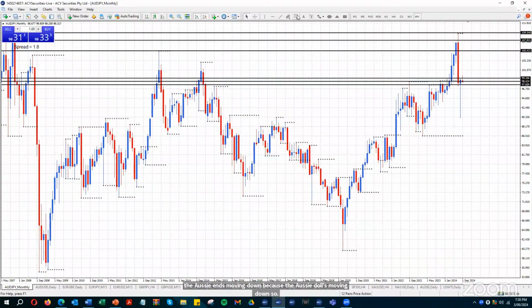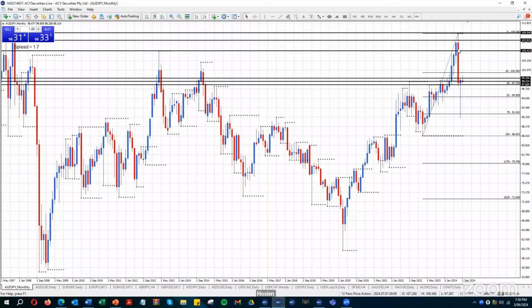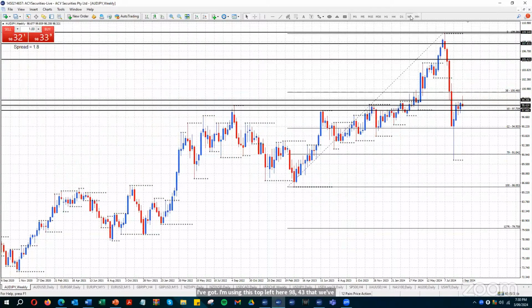Aussie yen monthly, it's exactly the same, 79% retracement on the monthly. So the monthly's up, but the weekly's down. A couple of areas of resistance here. I'm using this top to left here, 98.43 that we've moved above. So is that going to be support? The weekly.